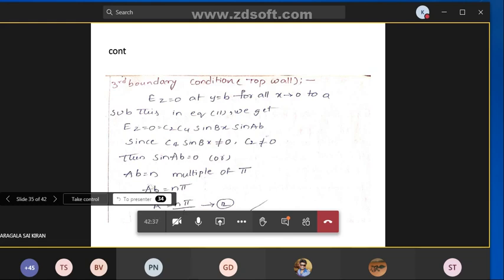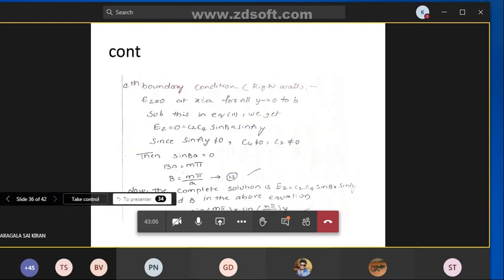If sin Ab equal to 0, it is a multiple of pi. So Ab equal to n pi, and from this, A equal to n pi by b. That is the 12th equation.